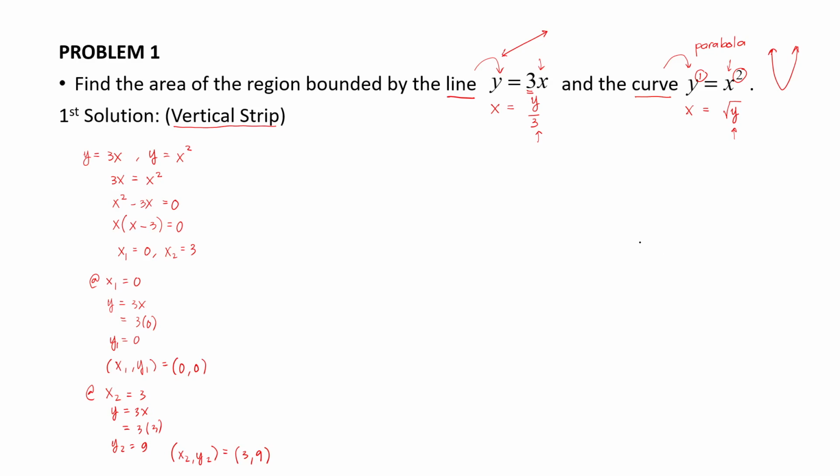So I think this is the time that we're going to use our graph. Let me draw first the x and y axis. 1, 2, 3, 4, 5, 6, 7, 8, and 9.